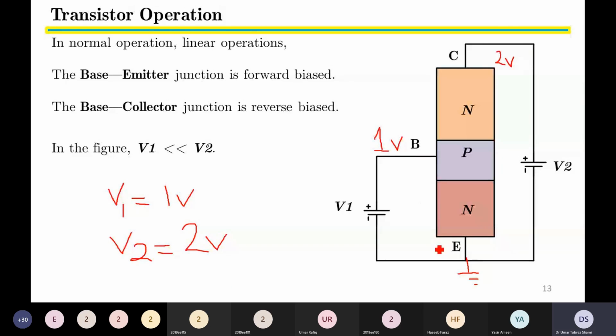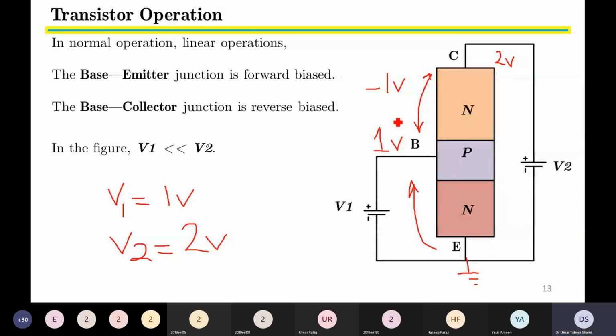The base emitter is forward bias because we only need 0.7 volts to forward bias a PN junction. So our first condition is fulfilled. And now to fulfill the second condition, since collector is at 2 volts, what is the condition of base and collector? Are they forward biased or are they reverse biased? The voltage difference between base and collector is minus 1 volt.